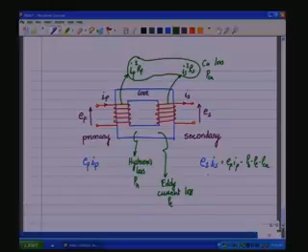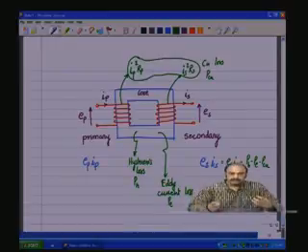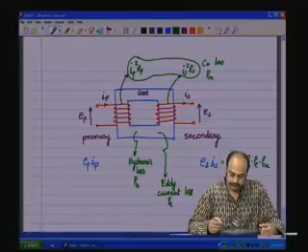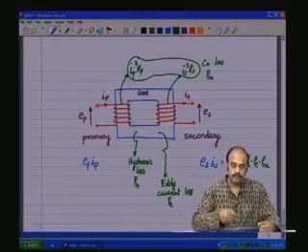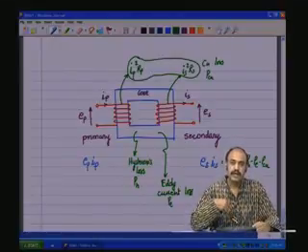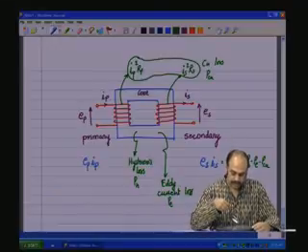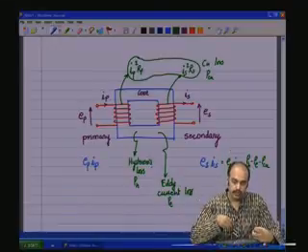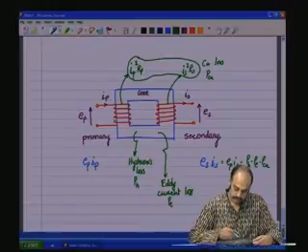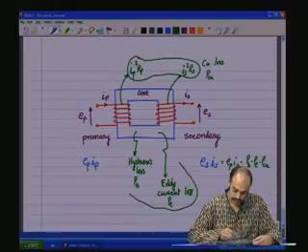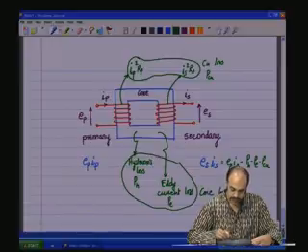So, it will not be exactly the same as the primary power that you would get at the secondary side. It would be less by an amount equivalent to the losses which are encountered, like the hysteresis loss and the eddy current loss in the core, called the core losses, and the copper loss.